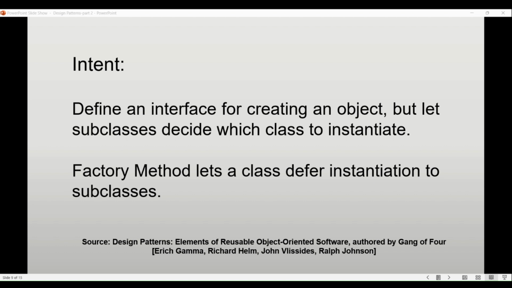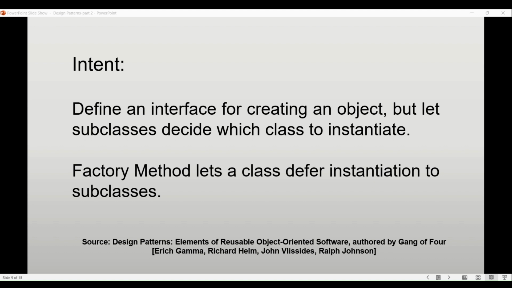Factory method lets a class defer its instantiation to subclasses. In simple words, the factory method pattern is like having a factory or a method that produces objects, but instead of the factory itself determining which object to create, it delegates the decision to its subclasses.